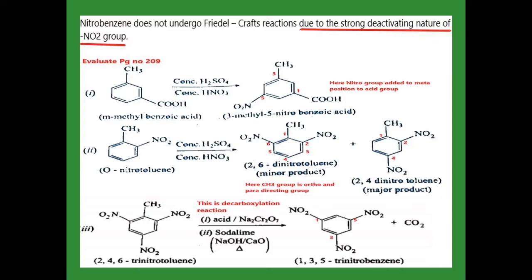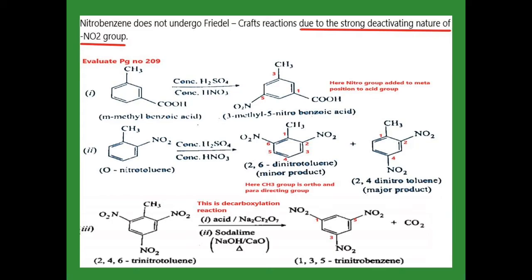The NO2 plus is the electrophile, and it is directed to the meta position, so we get the product in the meta position. With the acid, the fifth position is the meta position. See the diagram. The first one is acid, the third one is methyl, and the fifth one is nitro. So 3-methyl 5-nitrobenzoic acid.